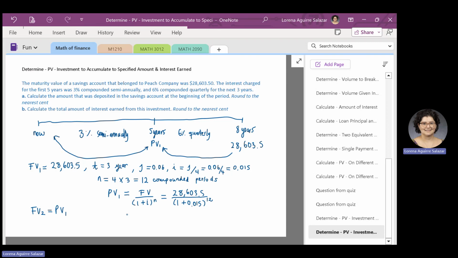The second time period during which interest is calculated is 5 years long.